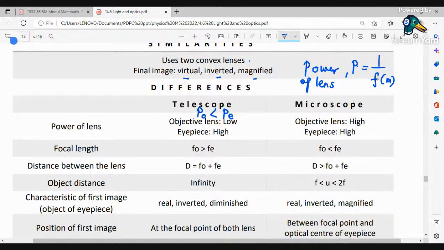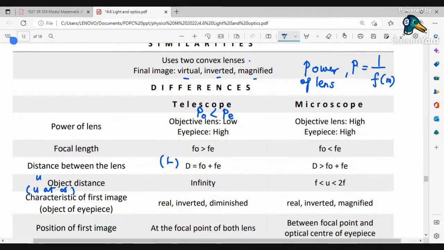The separation distance between the two lenses, some put L, pun boleh juga D, equals FO plus FE. Object distance, maksudnya U, yang first object tu, the object is at infinity. Remember, U is at infinity.